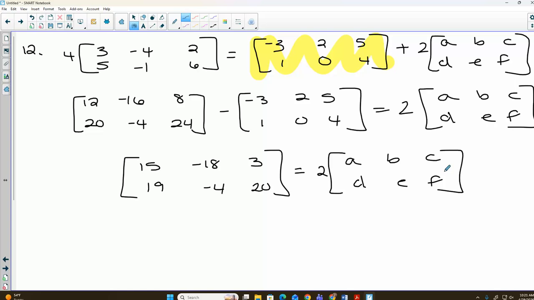At this point, if I'm trying to get this matrix A, B, C, D, E, F by itself, what do I have to do? It's multiplied by 2, so we have to divide by 2 on both sides.